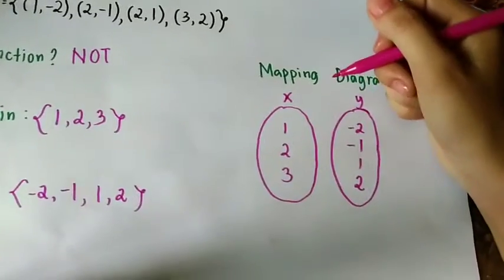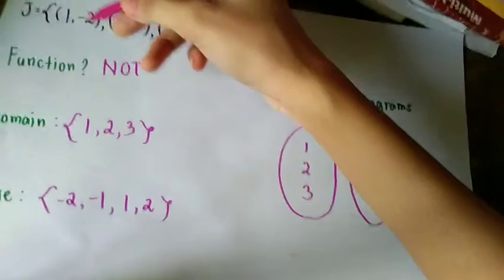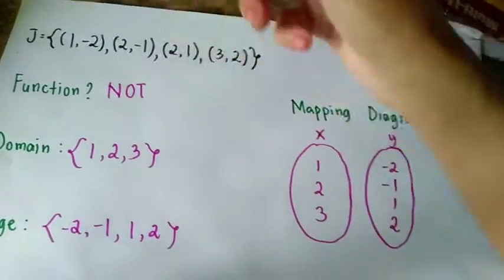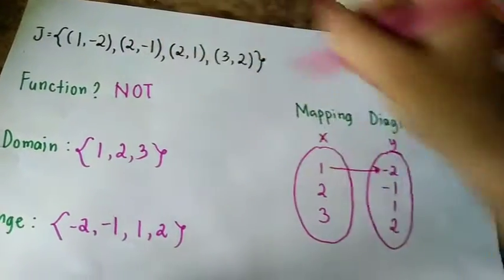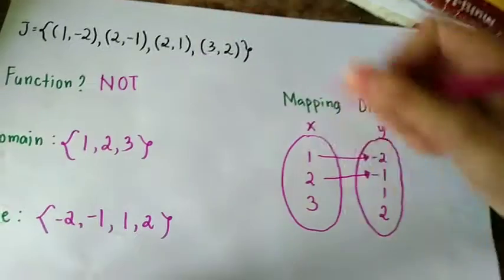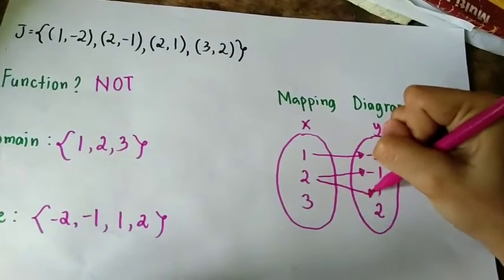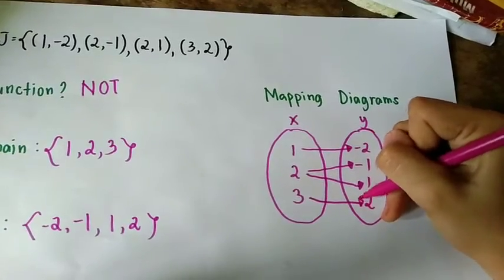So now let's draw an arrow to connect each of the ordered pairs. So 1 and -2, 2 and -1, 2 and 1, and lastly 3 and 2.